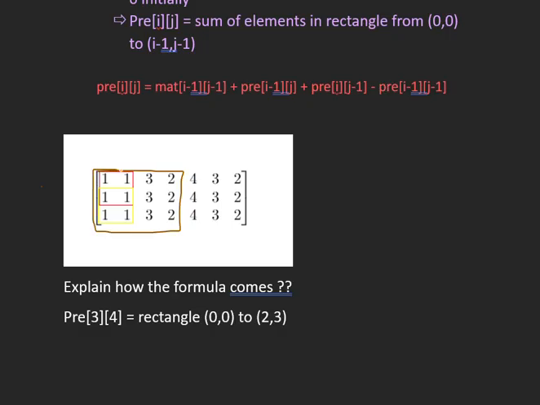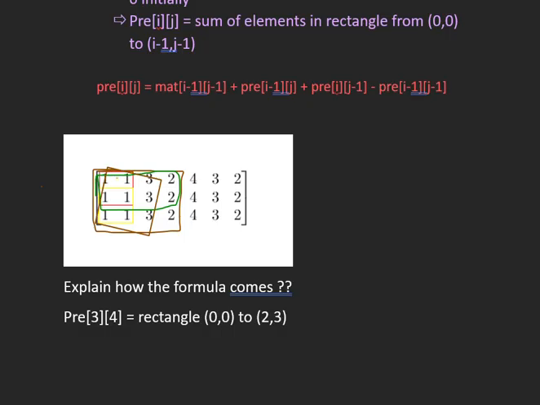How can we calculate the sum of all elements in this rectangle? We have already computed the sum of this rectangle previously, and we also have the sum of this rectangle. These two rectangles are previously computed, this one and this one.